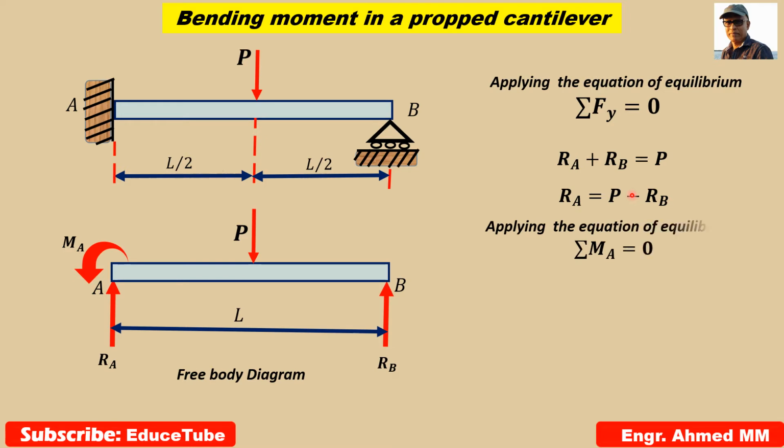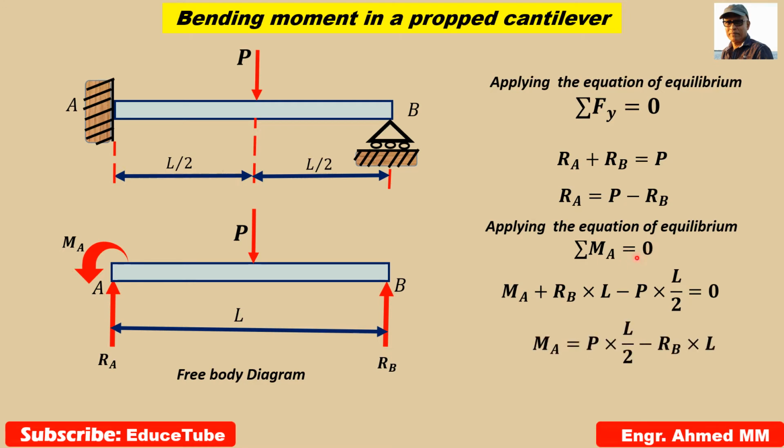Again, applying the equation of equilibrium, summation of moment equal to 0. Here I have taken summation of MA equal to 0. This is a concentrated moment, so in the equation we have to write this moment MA directly.